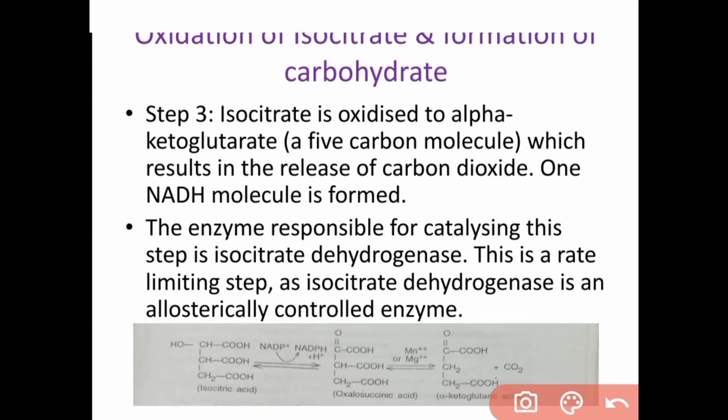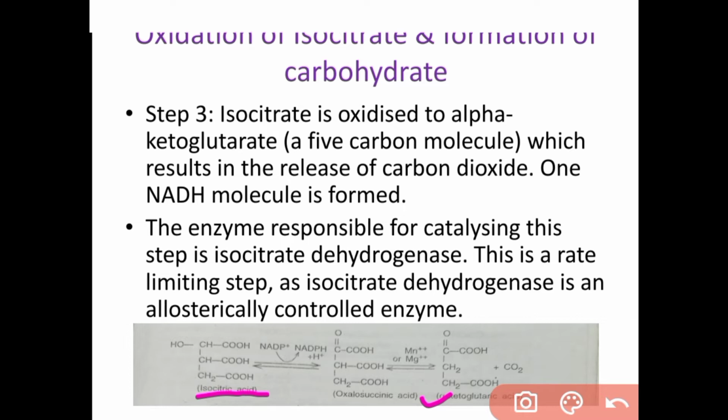Here in this picture you can see clearly isocitric acid is converted to alpha ketoglutarate.